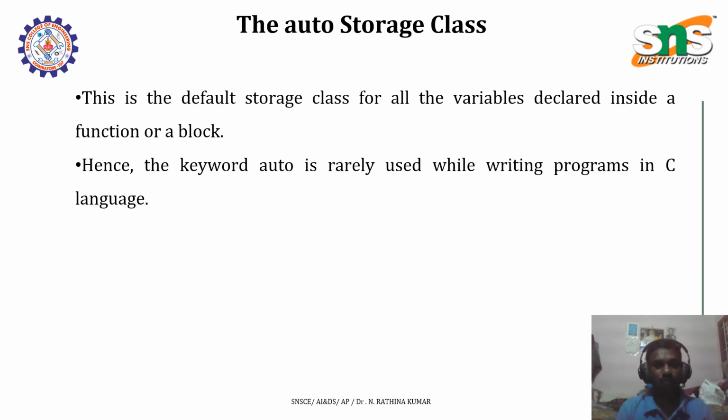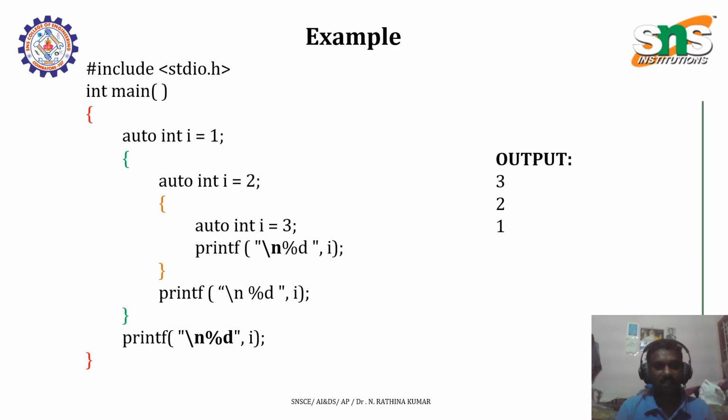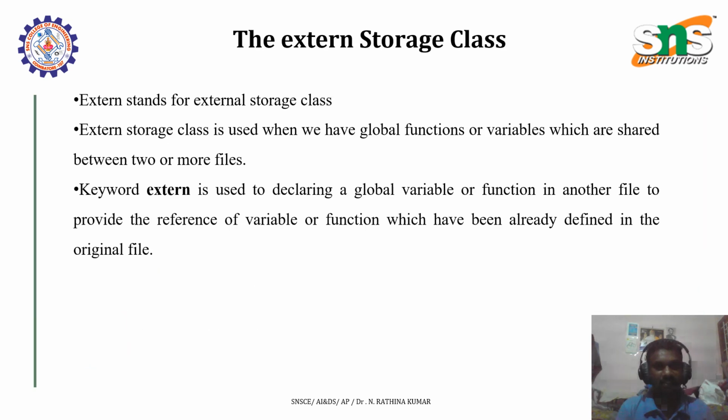Next, what is meant by the auto storage class? This is the default storage class for all the variables declared inside a function or block. Hence, auto is rarely used while writing a C program. Next, we are going to see what is meant by the extern storage class.